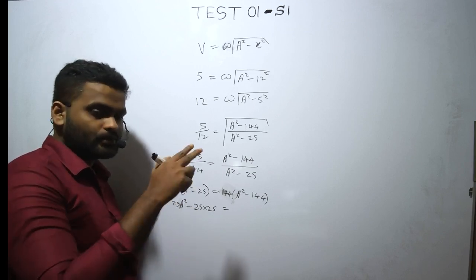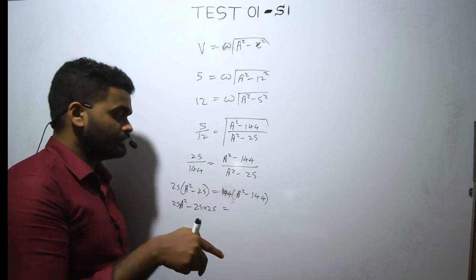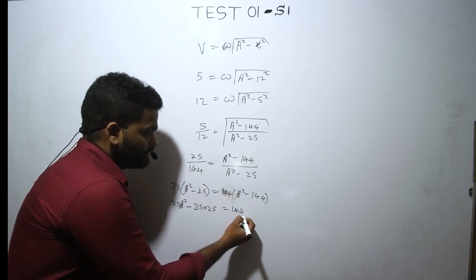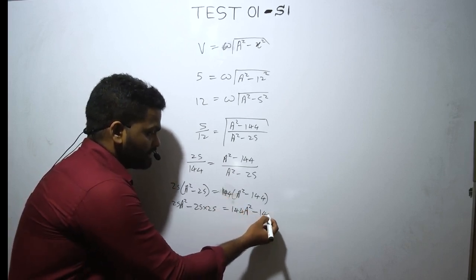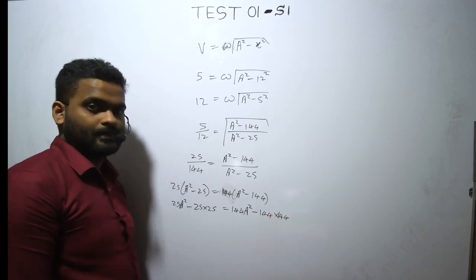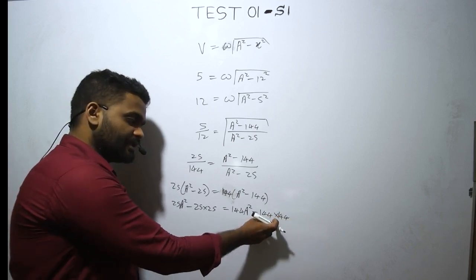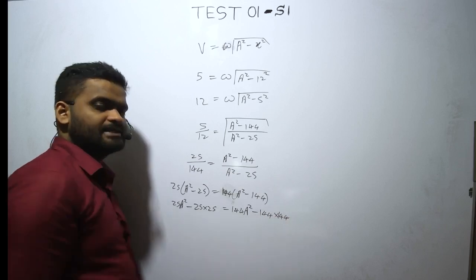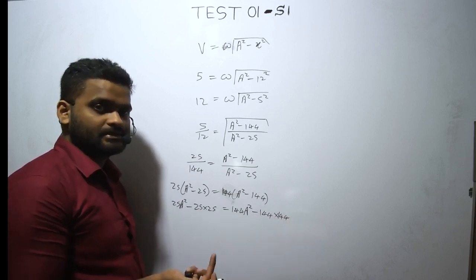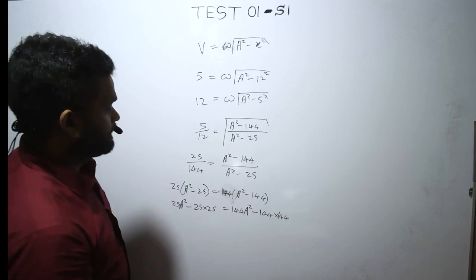Try to cancel stuff out. Here you have 144 A squared minus 144 times 144, right? Unless it is extremely necessary, don't do unnecessary calculations. It wastes your time and overcomplicates the simplification, right?